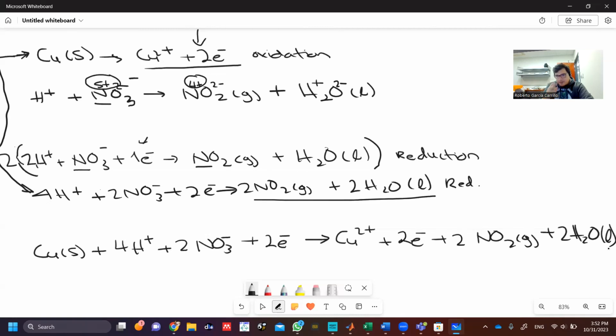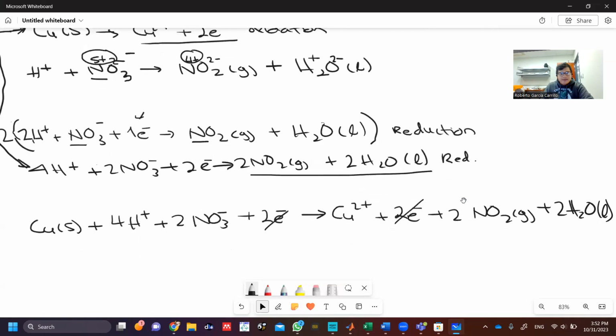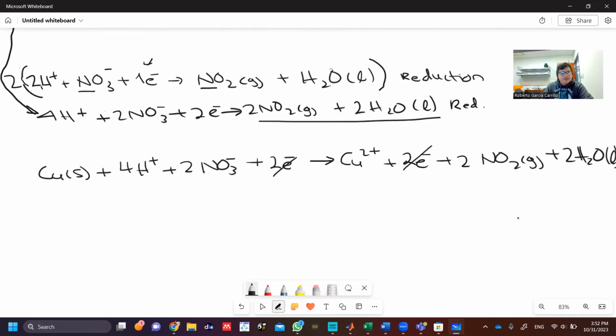And now we can cancel out the electrons, this one and this one. And as you can see here, we are missing charges because here we have 4 positive and we have 2 negative, and here we have only 2 positive.